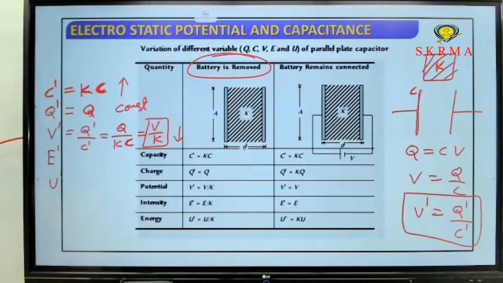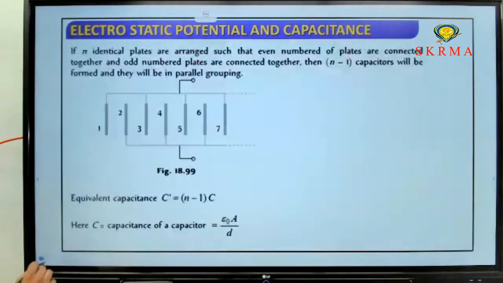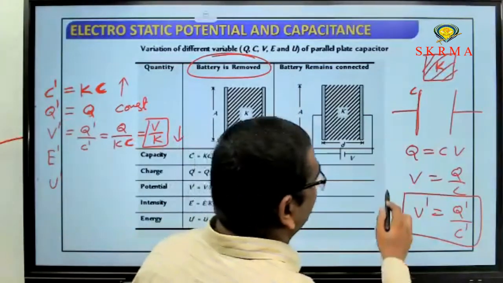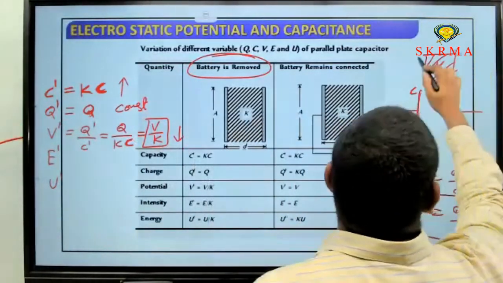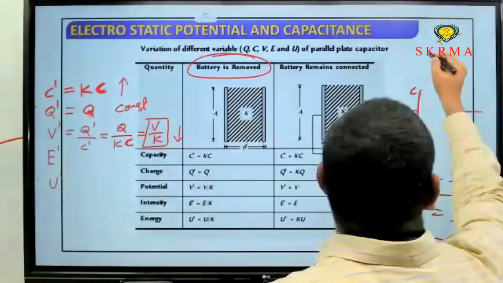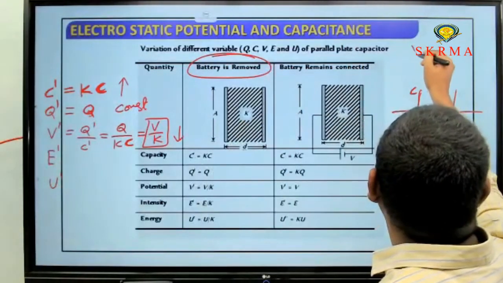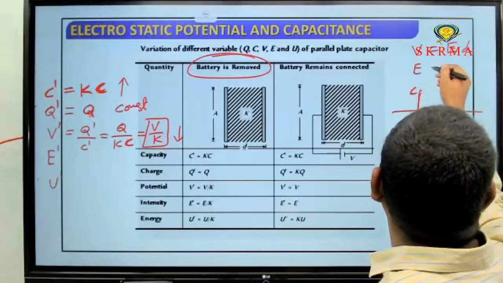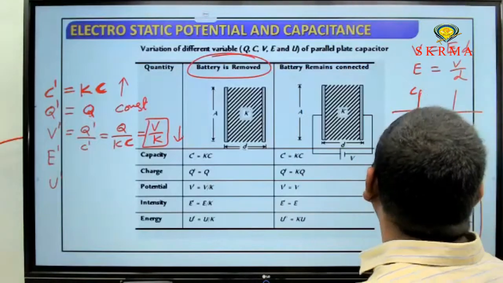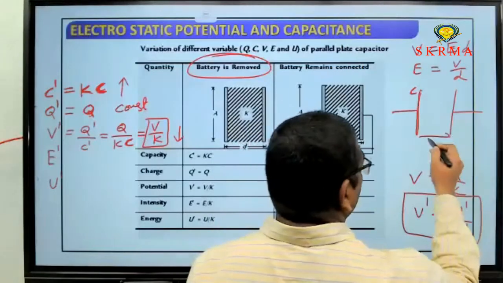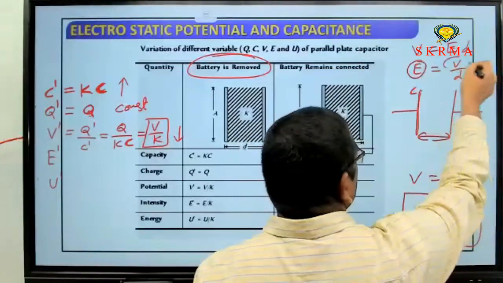Next, electric field. What is the relation between electric field and potential? V = E into D, or electric field E = V by D. Here the distance is not going to vary, so E is directly proportional to V only.